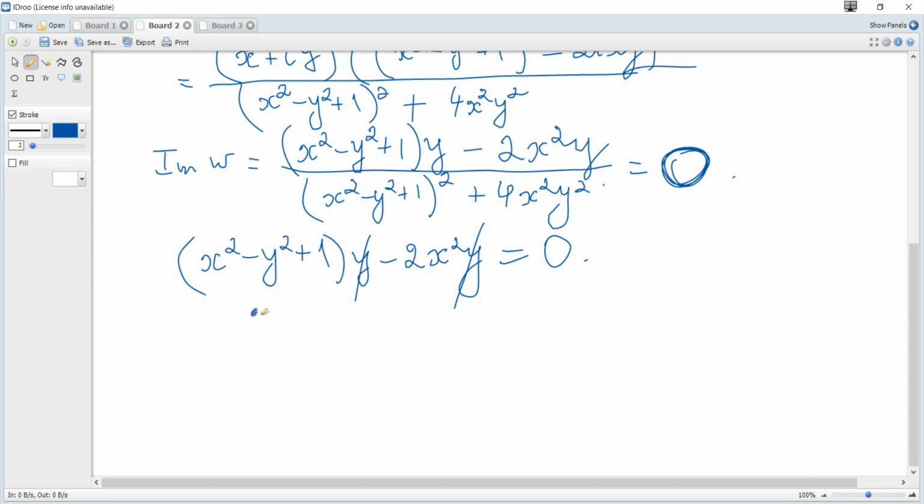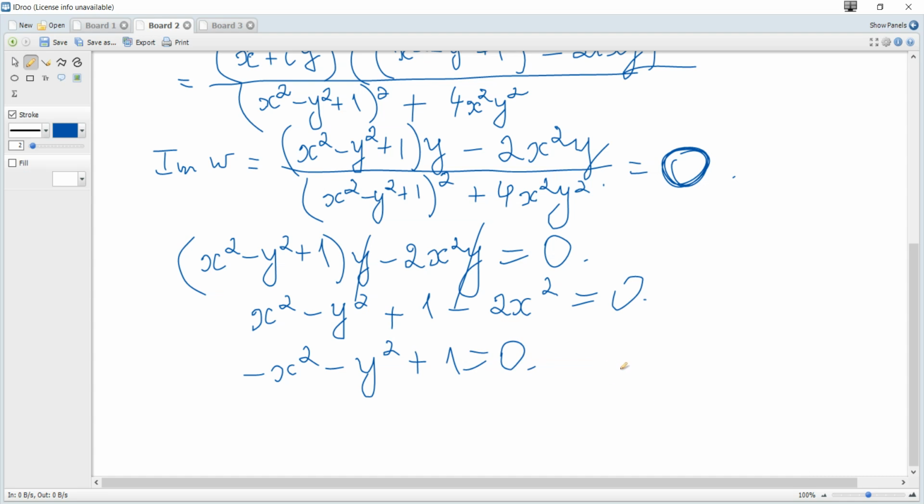and it becomes x squared minus y squared plus 1 minus 2x squared is 0. It's minus x squared minus y squared plus 1 is 0, hence x squared plus y squared is 1.